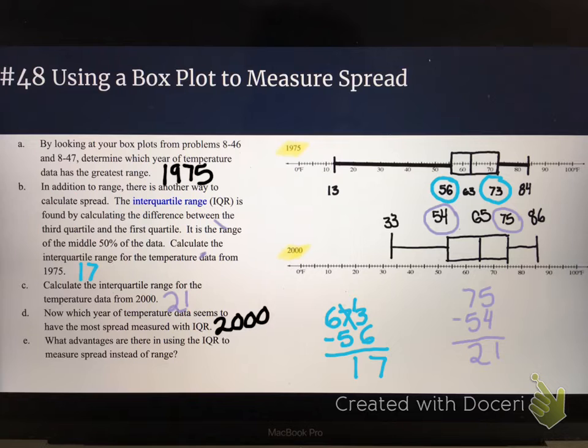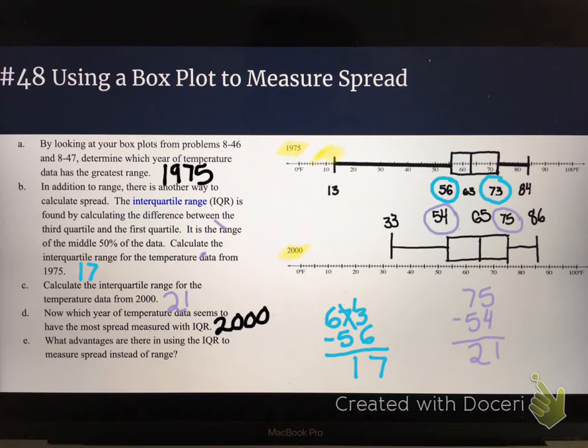And letter E says, what advantages are there in using the IQR to measure spread instead of range? So what would be something that's good about measuring it this way, the spread of data? If you haven't written anything down yet, go ahead and pause and put down your best thinking. One of the things that jumps out to me is that when you're doing the IQR or the interquartile range, it's not using any outliers.